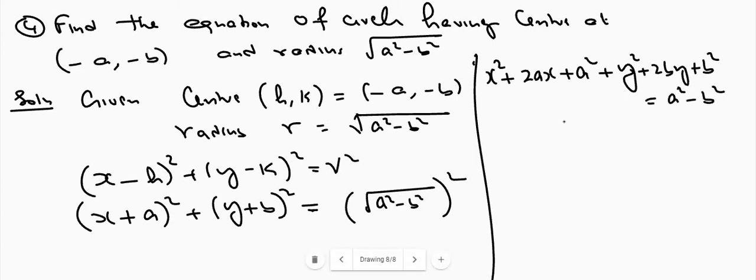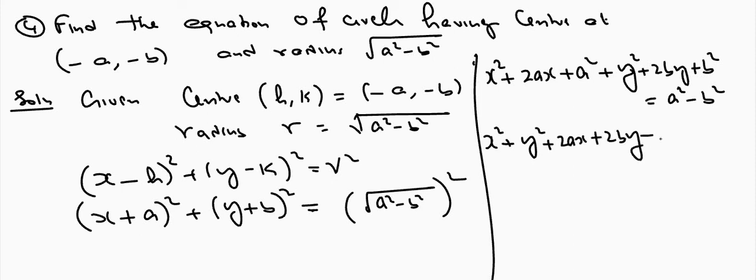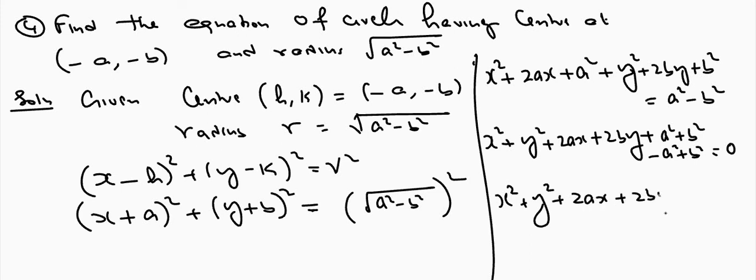The square of root of a square minus b square is a square minus b square. We get x square plus y square plus 2ax plus 2by plus a square plus b square as the constant. Taking the right side terms to the LHS, we get minus a square plus b square equal to 0. The final answer is x square plus y square plus 2ax plus 2by plus 2b square equal to 0. Okay, clear.